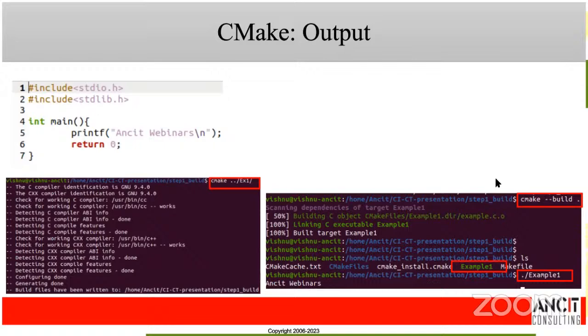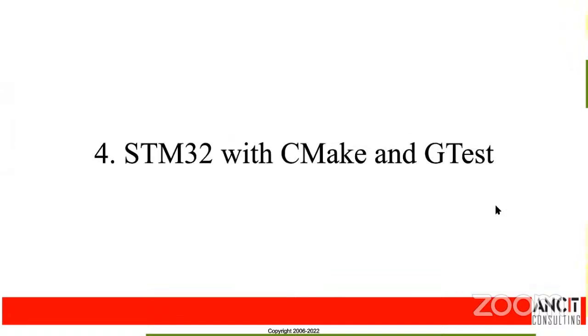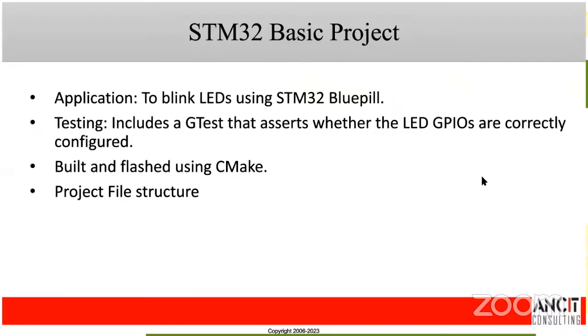Okay, so that's the CMake part of it. Now I will discuss how exactly STM32 is being configured with CMake and GTest. In the STM32 project that we have, we're using a very basic board, the blue pill board, I think it's the STM32F103 series, to blink LEDs.